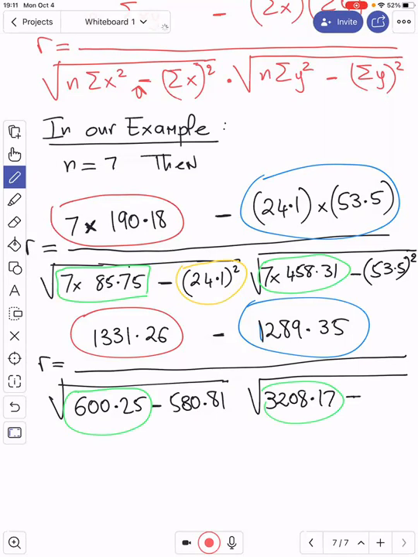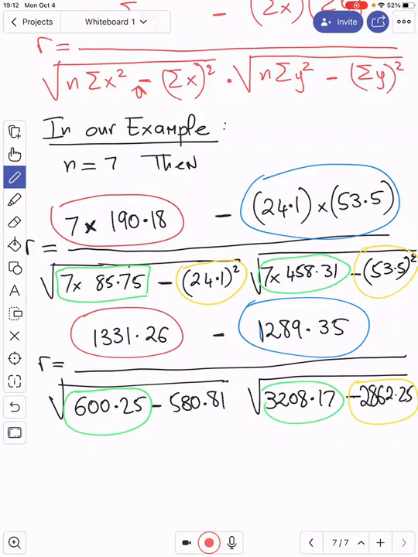So that will be equal to, let me use the same color, this thing right here, 2,862.25, okay?